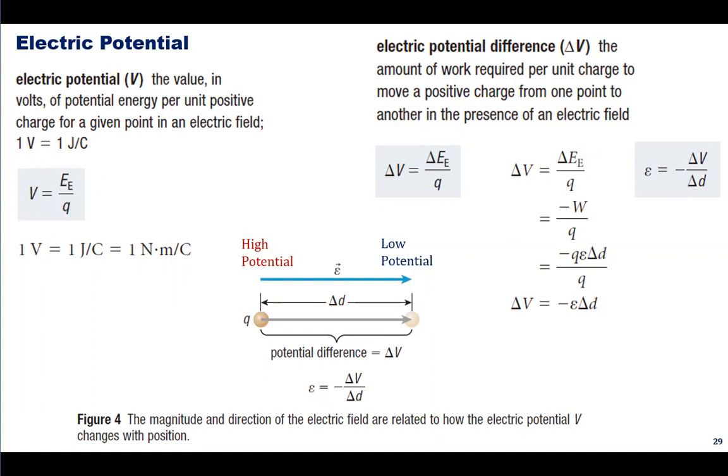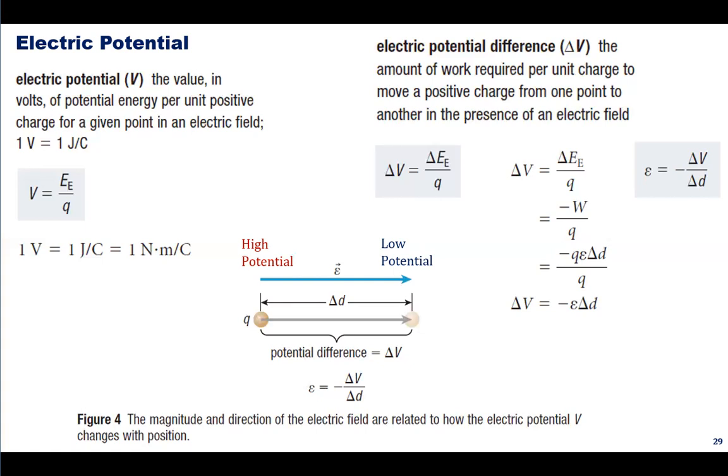The electric potential V equals EE over Q. EE is the electric potential energy. So basically, the electric potential is the potential energy per unit positive charge, right? For a given point in an electric field.